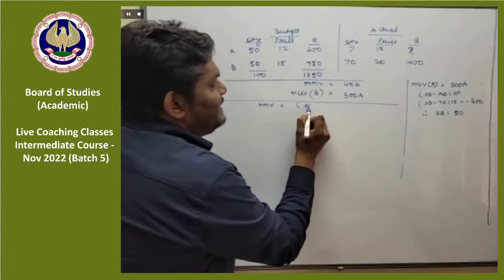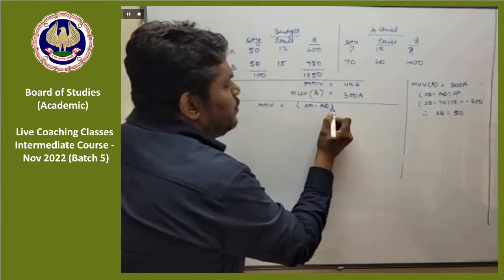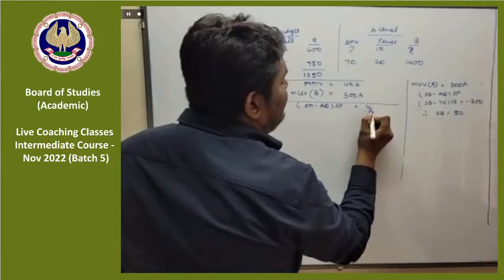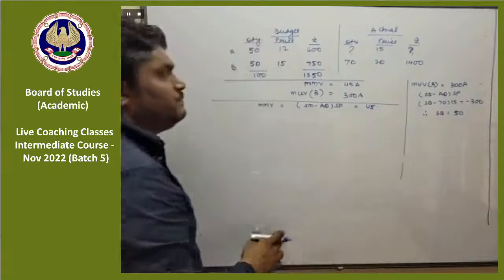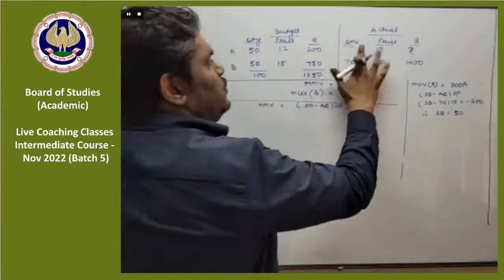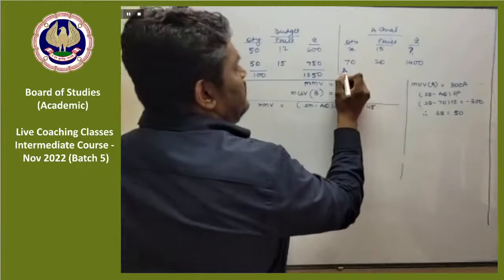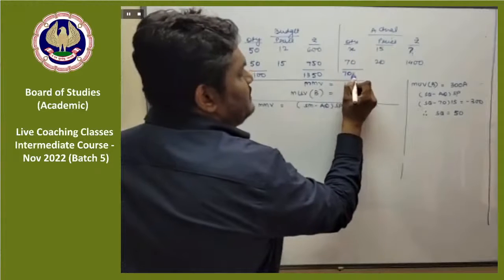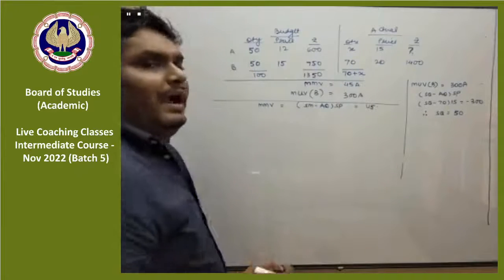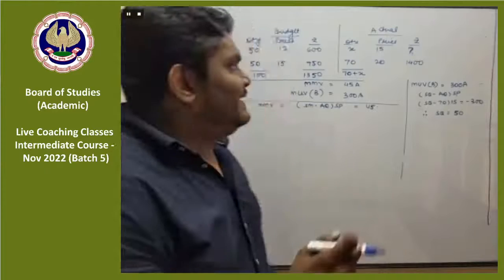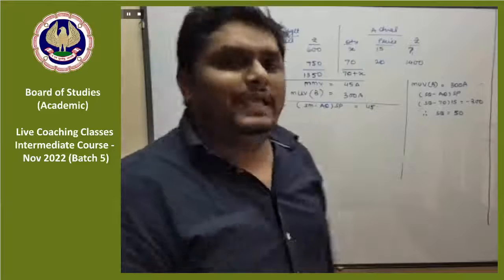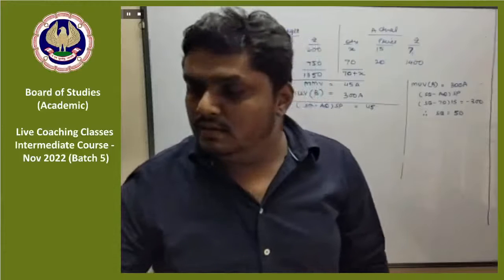The formula is standard mix minus actual quantity into standard price, and this is given, that is 45 adverse. So let's assume this quantity as X, so my total input will be 70 plus X. I repeat again, guys, let's assume the actual quantity of A be X.